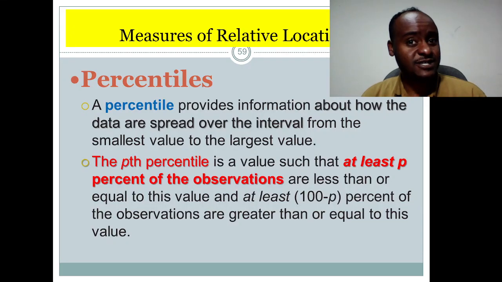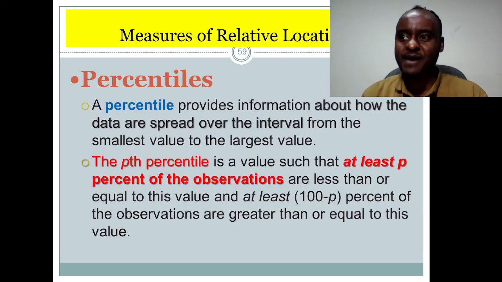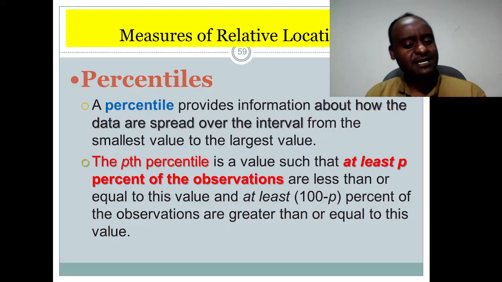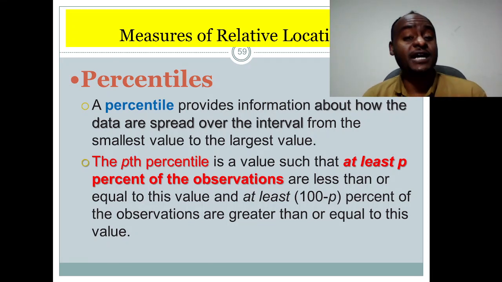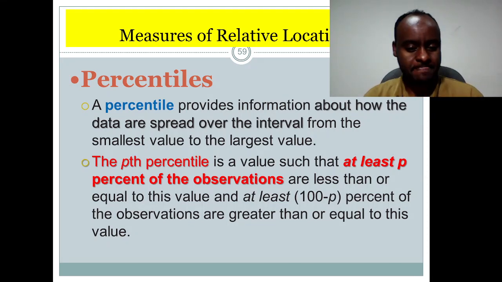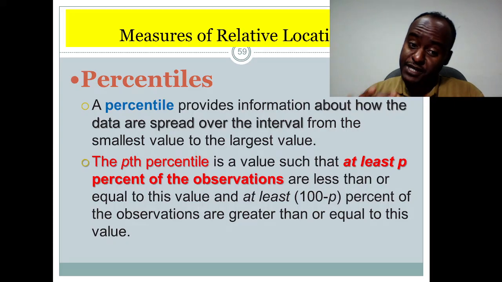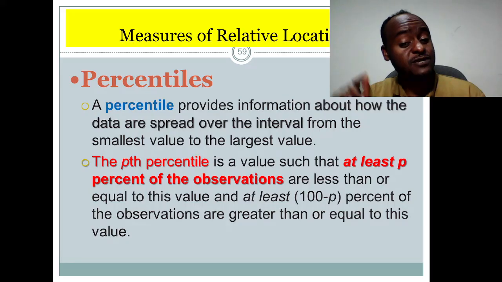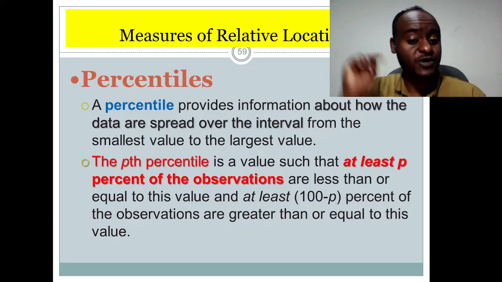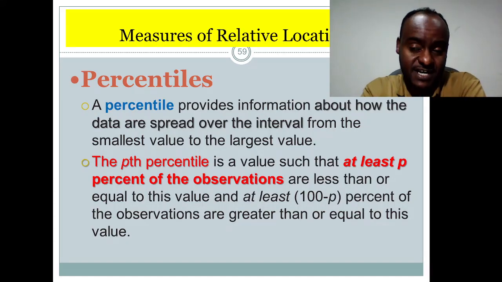Percentile is one of the ways that we make a summary. This is the way that we understand the data set. We are summarizing to understand the characteristics of your data set. So the P-th percentile is the value such that at least P% of the observations are less than or equal to this value.